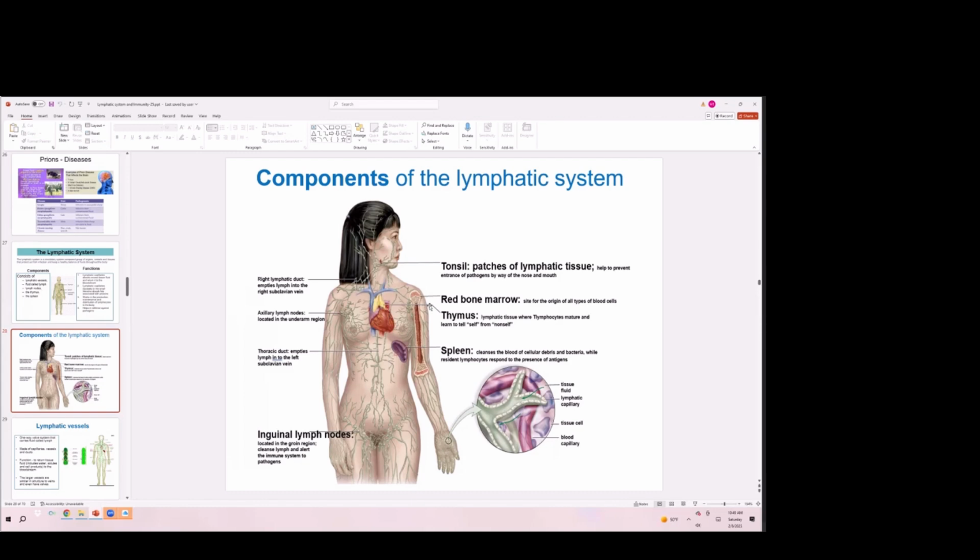Let's dial back a little bit. Where are all the cells in our blood made? They are made in the red bone marrow, found at the end of our long bones. It makes red blood cells, white blood cells, and platelets. All of them are made here.